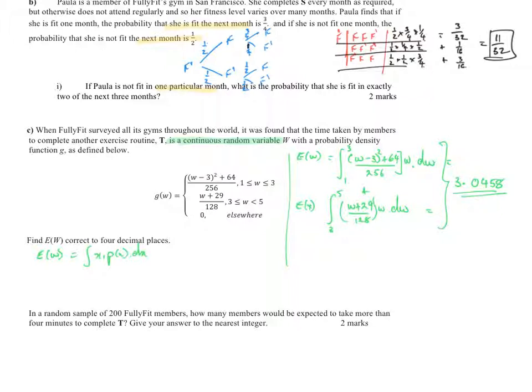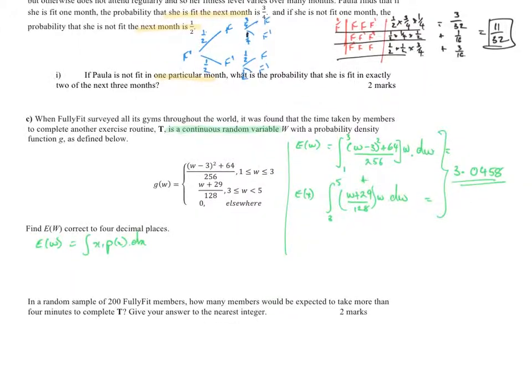What's the next part? The next part says, in a random sample of 200 Fully Fit members, how many members would be expected to take more than 4 minutes to complete their task? Right, so what is the probability of taking more than 4 minutes?